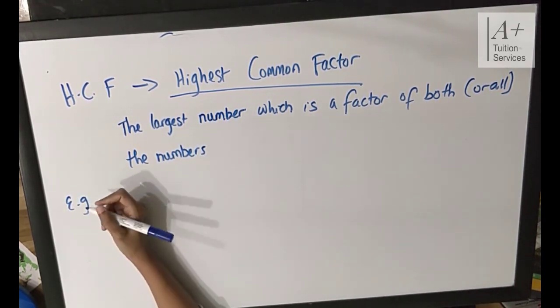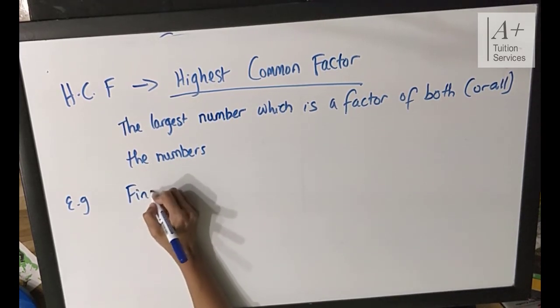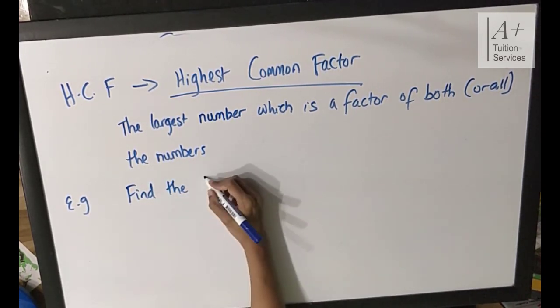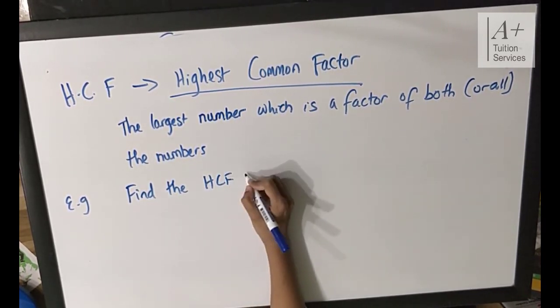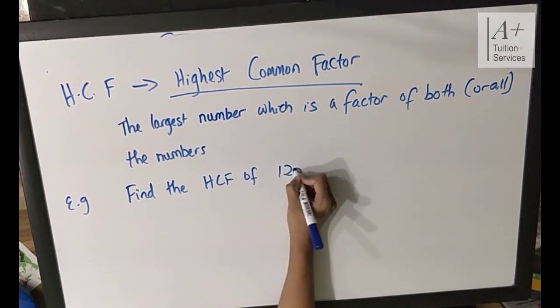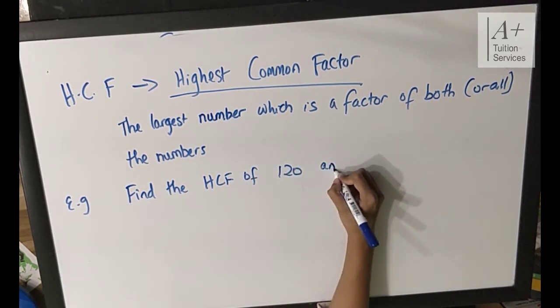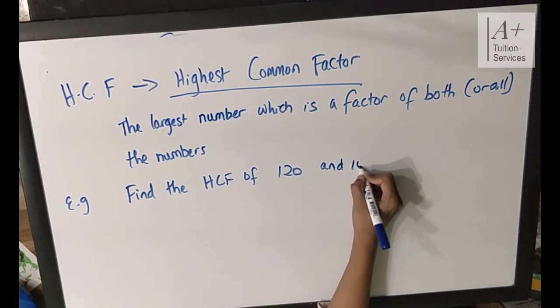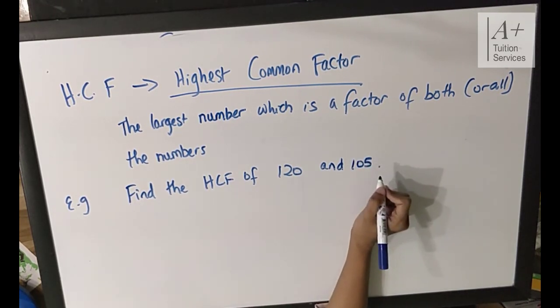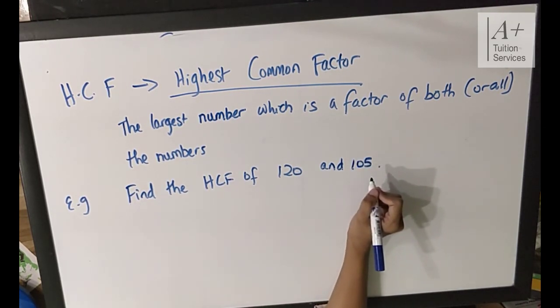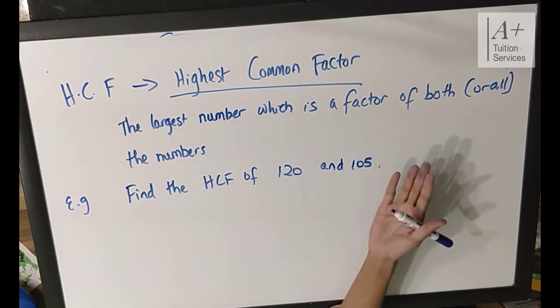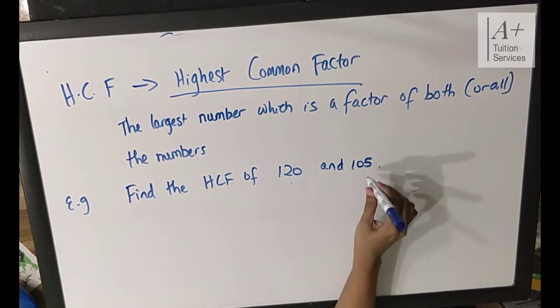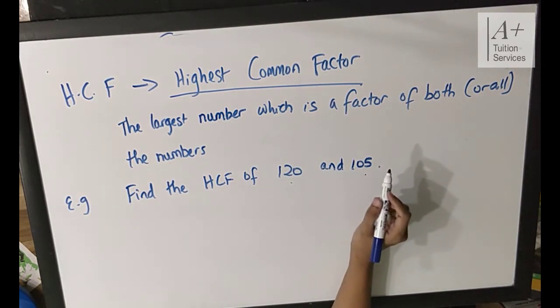example: find the HCF of 120 and 105. Okay, and we're looking at which number can divide into 120 and 105 without a remainder.